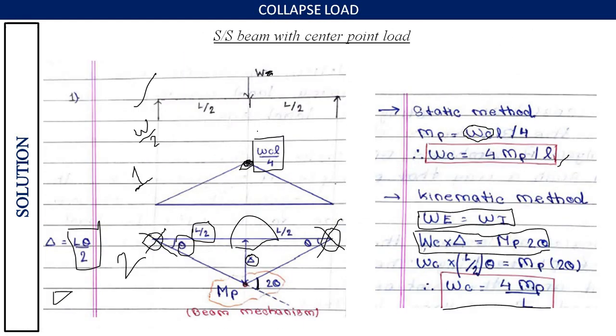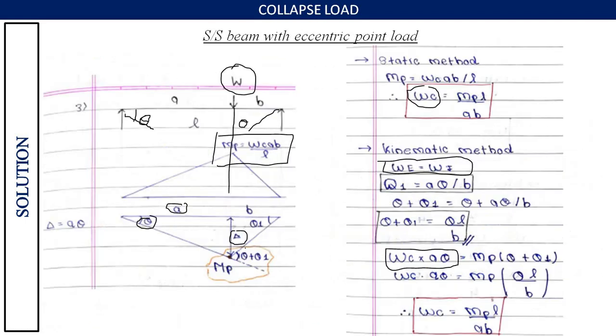In the earlier case it was just a simply supported beam with a point load at the center, at L by 2, so the value of theta was the same, equal, because it is symmetrical. In this case it is not symmetrical, and the angle at the right side and left side will be different.